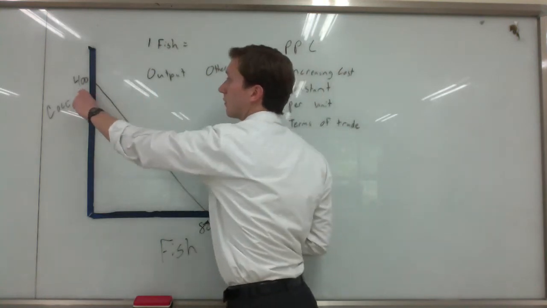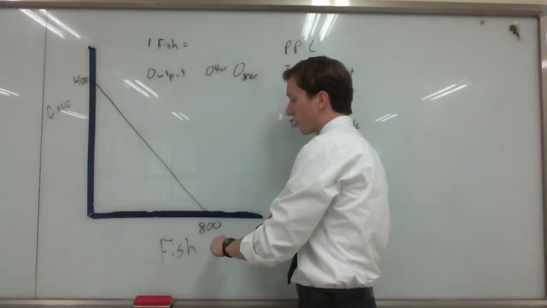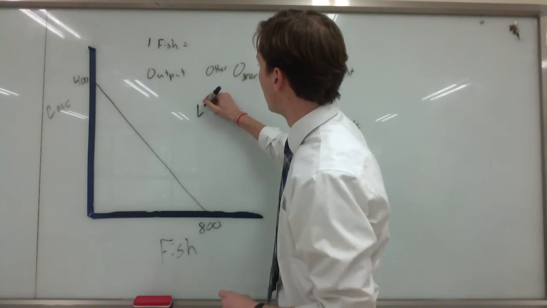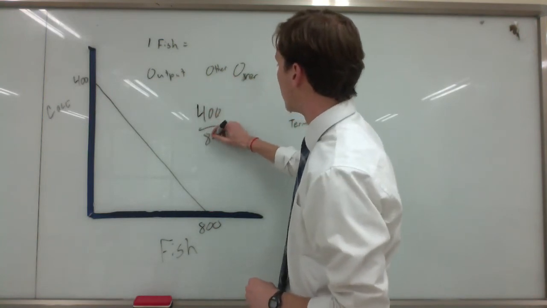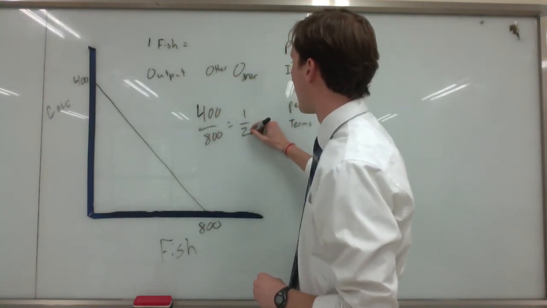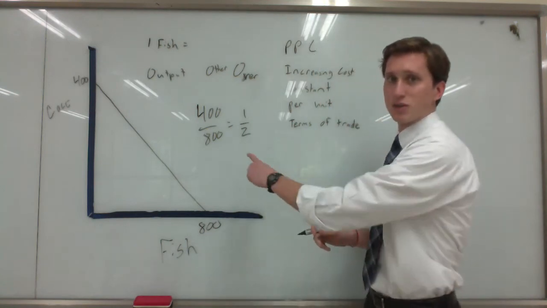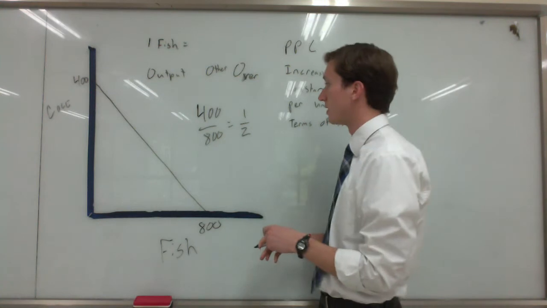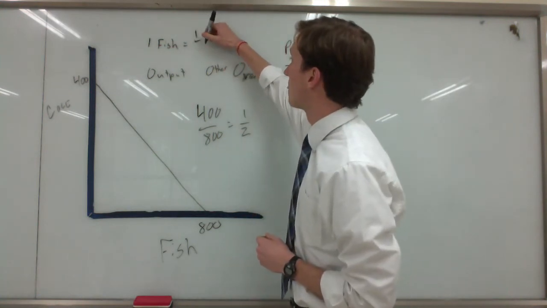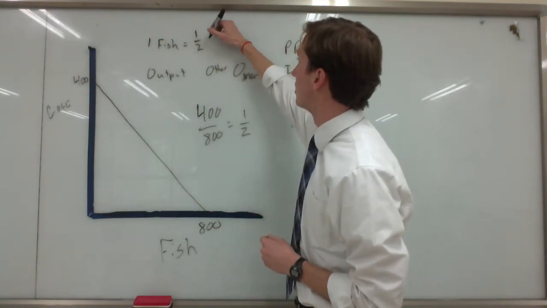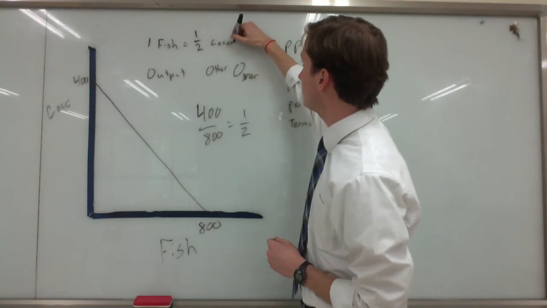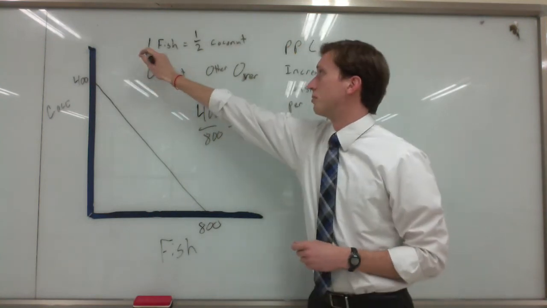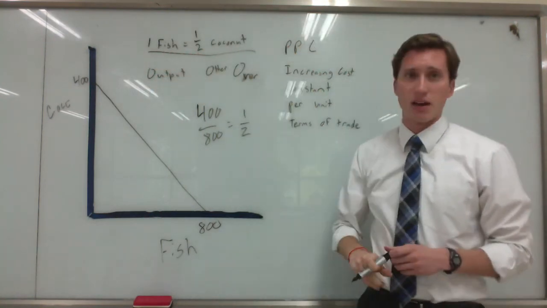The other, 400 coconuts, is going to go over fish. 400 over 800 equals 1/2. This 1/2 gives us our per unit opportunity cost of producing one more fish. We have to give up a half of a coconut. So the per unit cost of one fish is a half of a coconut.